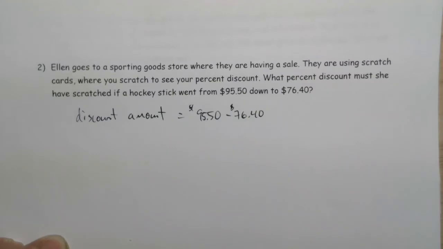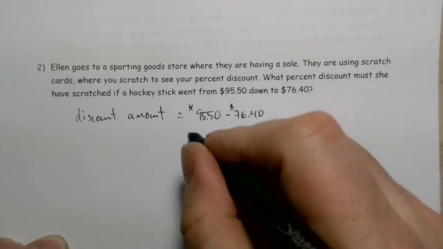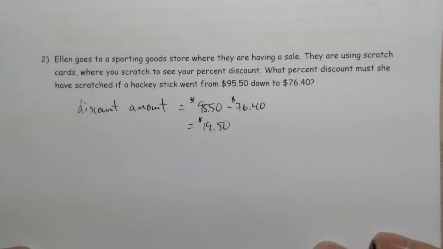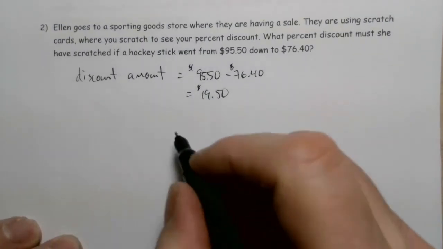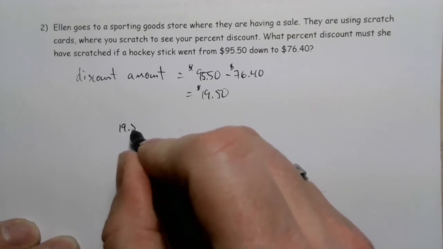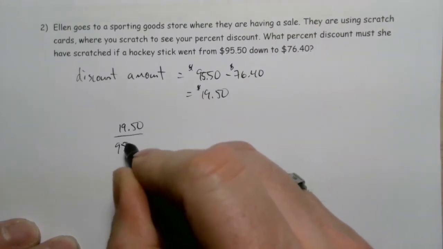That's how much money we are saving, and it looks like we're saving $19.50. Now we convert that into a percentage of the original amount, so $19.50 divided by 95.50.